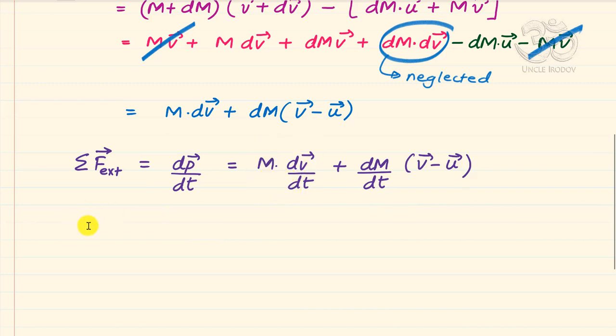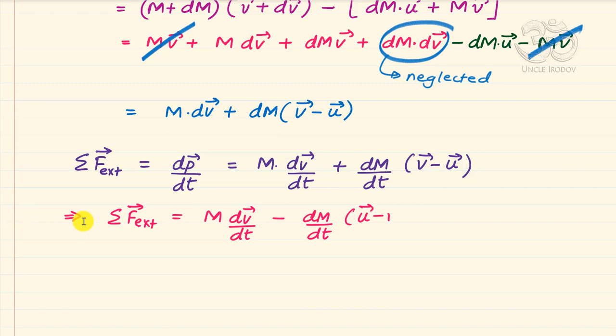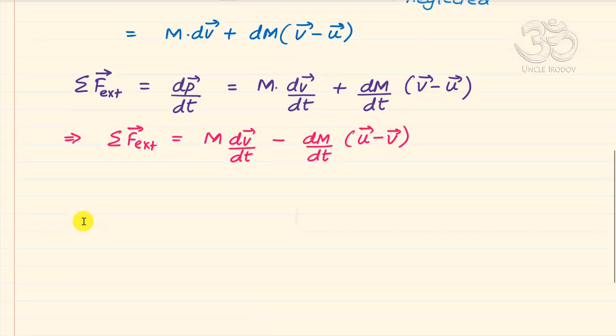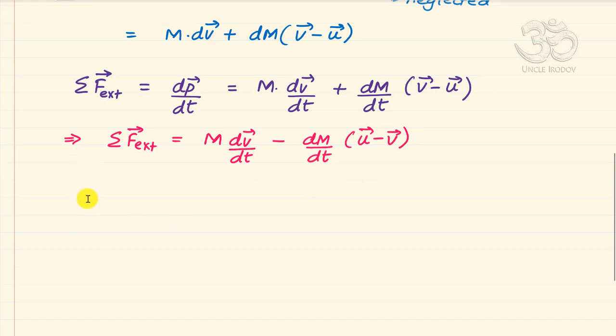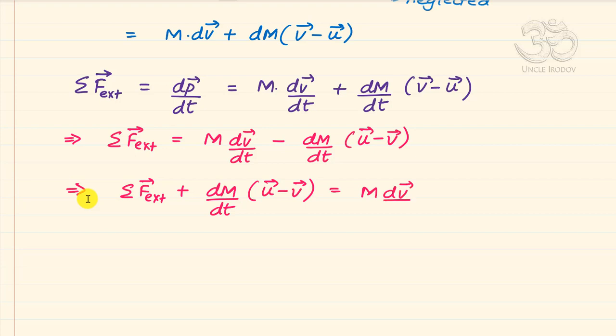So the entire sequence of steps will be: summation of F external is equal to m dv by dt minus dm by dt times u minus v, inverting the signs there also, and then bringing this entire term to the left hand side. So I get summation of F external plus dm by dt times u minus v is equal to m dv by dt.